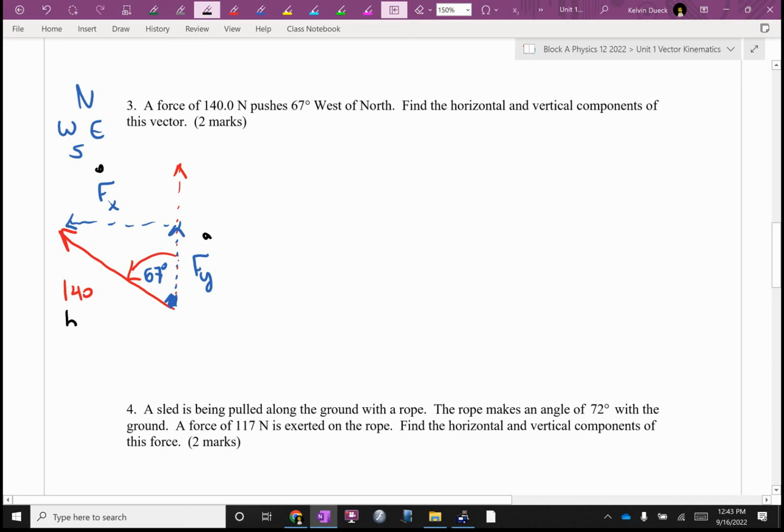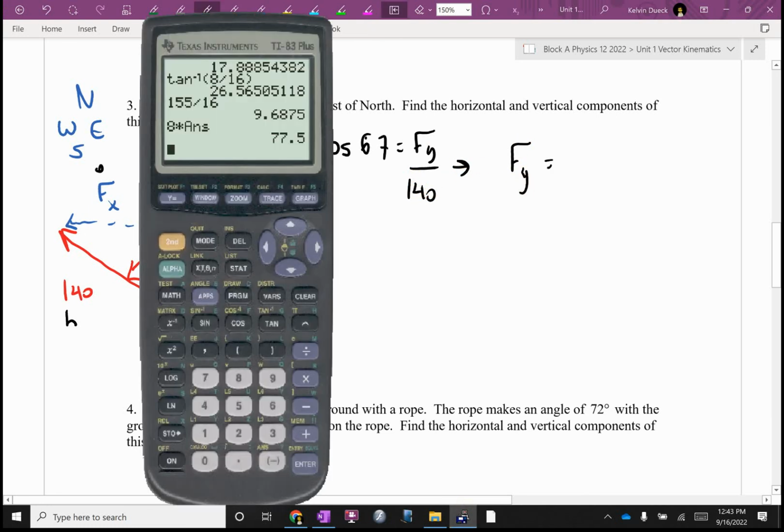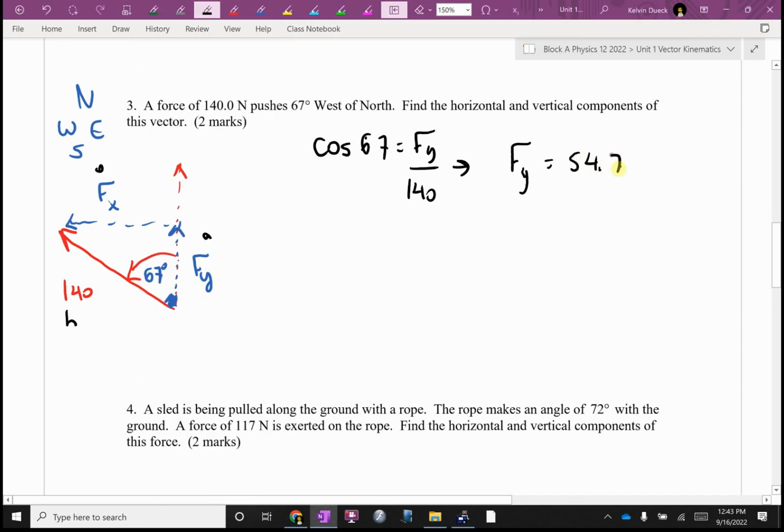If I find Fy, it's going to be cosine of 67 equals Fy over 140. Fy ends up being 140 cosine 67. 54.7. And the units are newtons.